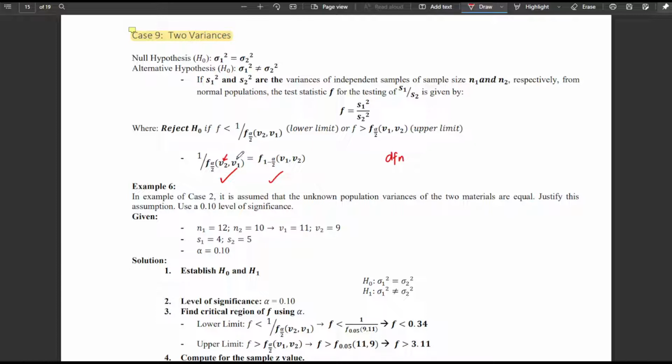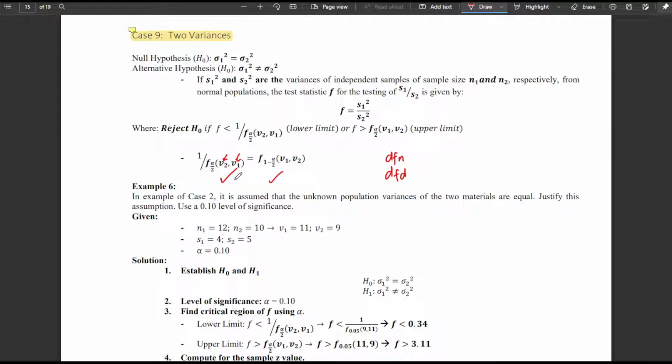Then this second one is the denominator degrees of freedom, sometimes DFD. So this means that if you reverse the degrees of freedom, making the numerator the denominator, and you take 1 minus alpha over 2 instead of alpha over 2, then they are actually just equal if you take the reciprocal. Okay, so it has this kind of property.